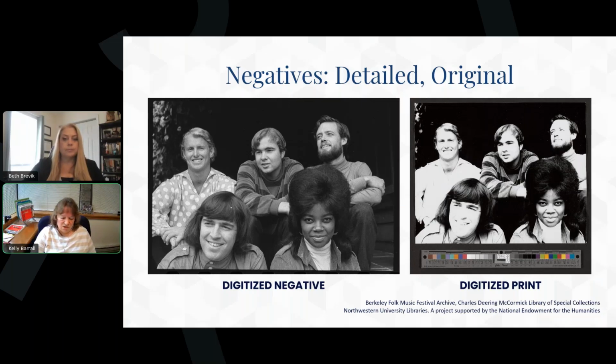Negatives and other transmissives typically offer better detail than print derivatives. The right-hand picture is an accurately digitized photographic print. When you compare it to the negative, you can see how much detail was lost, perhaps due to fading or some other issue when the photo was developed. The loss of detail is most evident in the top left individual's polka-dotted shirt, which is totally indistinguishable in the photo.